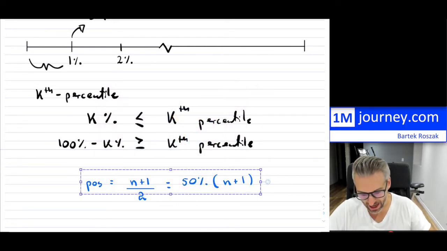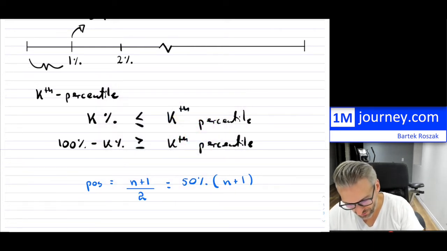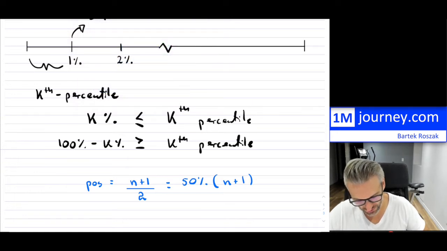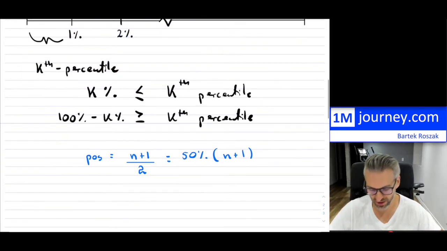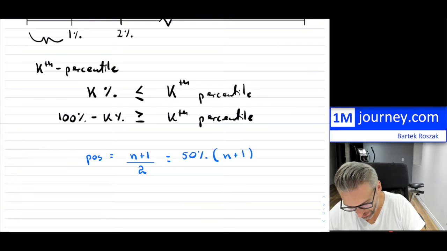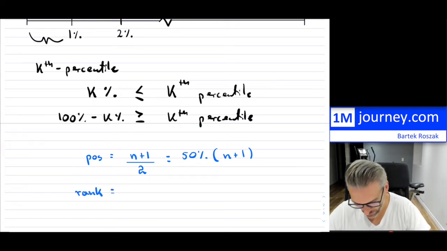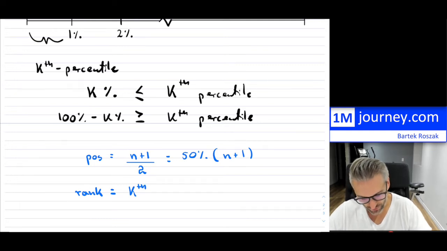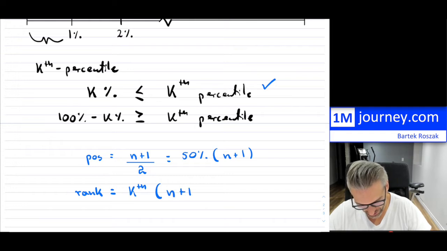Now this was for finding the median position. But in general, sometimes we refer to this as the rank. And the rank is the kth percent, of whatever percentile you're looking at, multiplied by n plus 1.